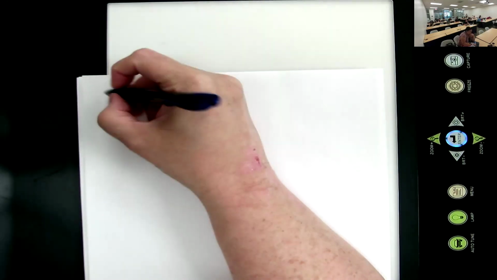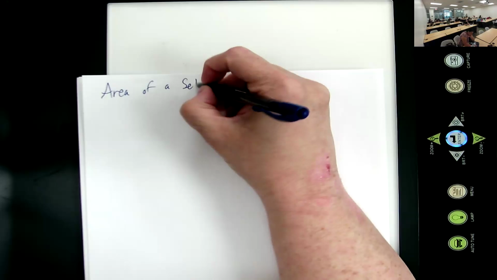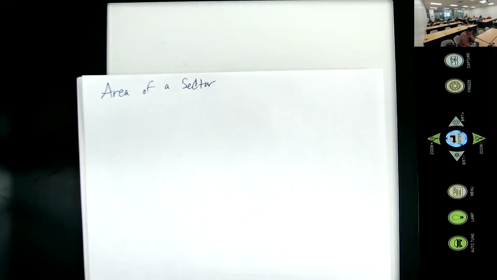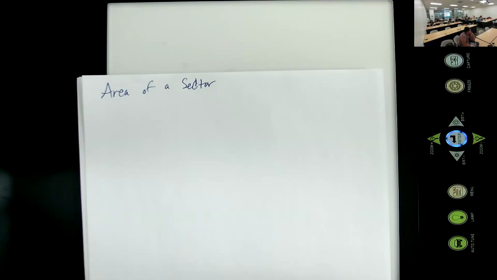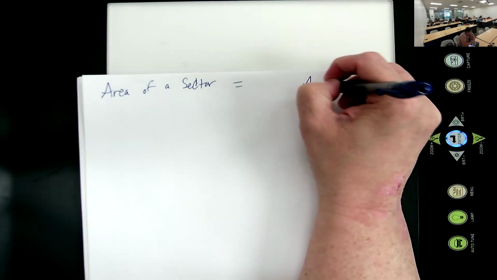Alright, last thing in this 6.1 section is area. Area of a sector. Well, let's do the area of a full circle, is pi r squared.